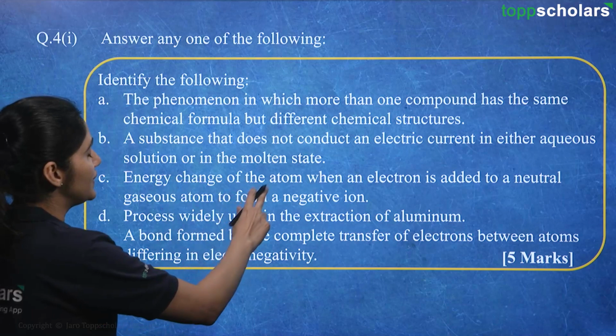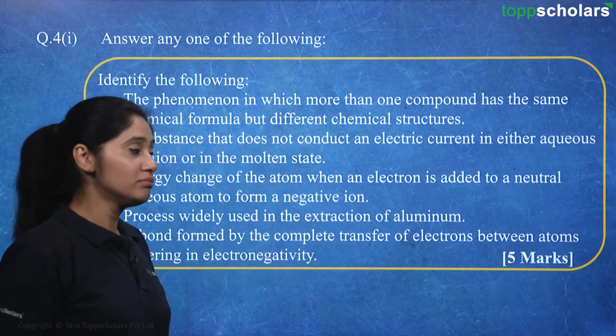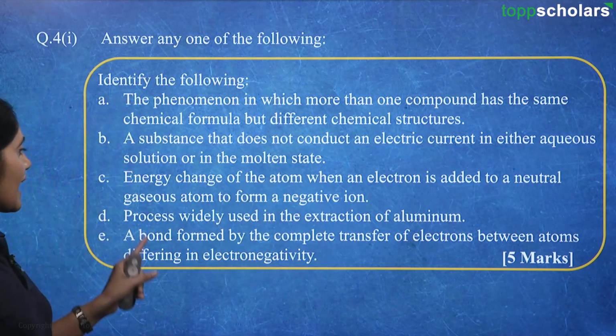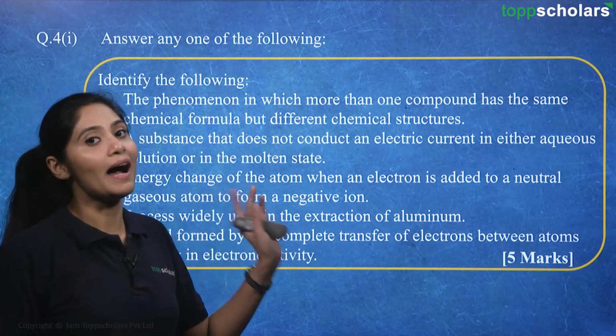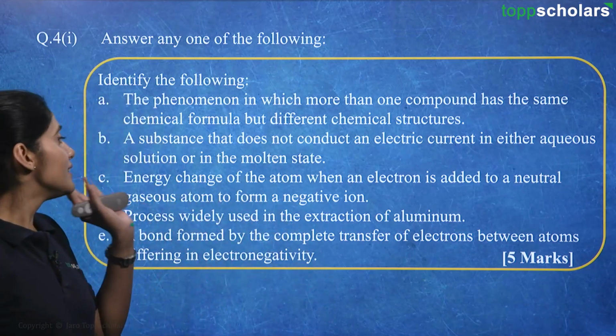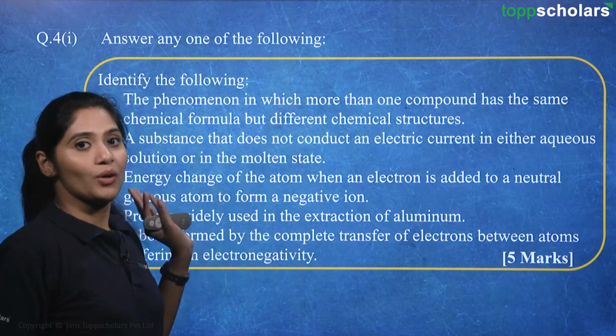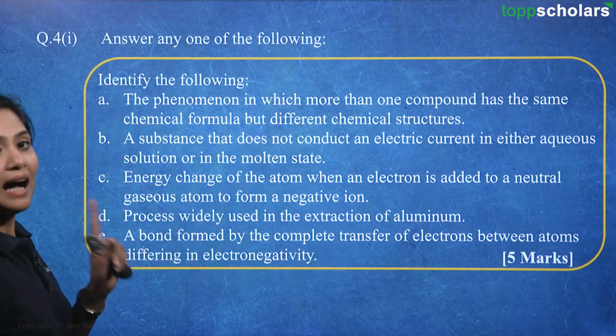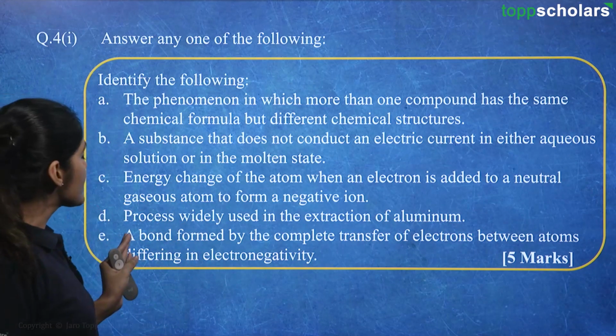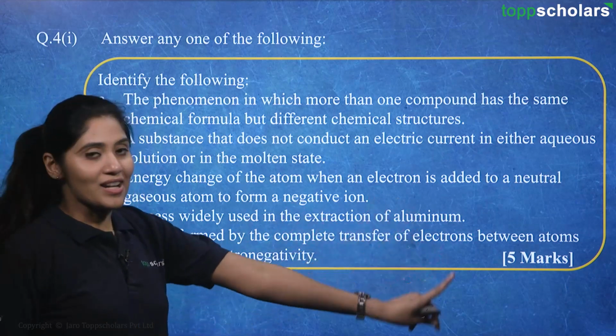C: energy change of the atom when an electron is added to a neutral gaseous atom to form a negative ion. What is the energy change? Okay, so that we have to answer. D: process widely used in the extraction of aluminium.